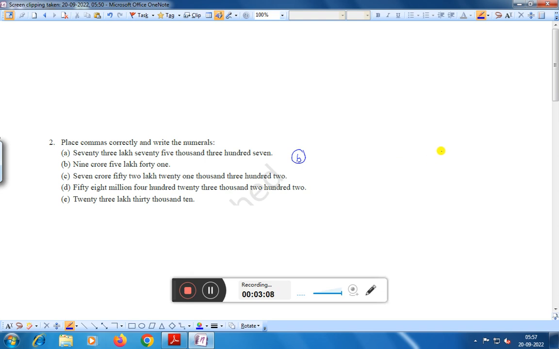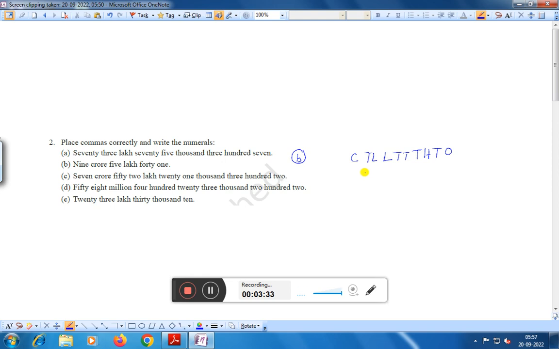That is ones, 10, 100, 1000, 10,000, lakh, 10 lakh, crore, right?